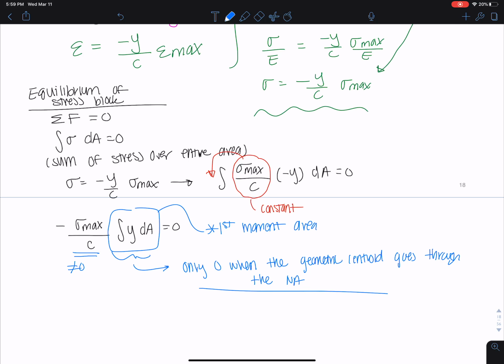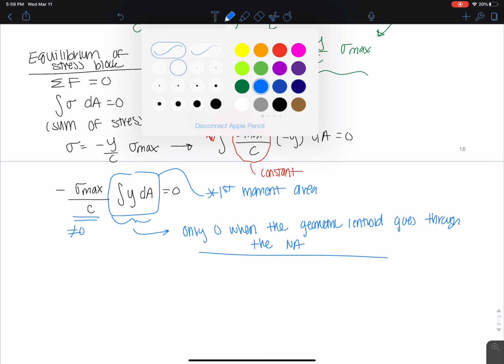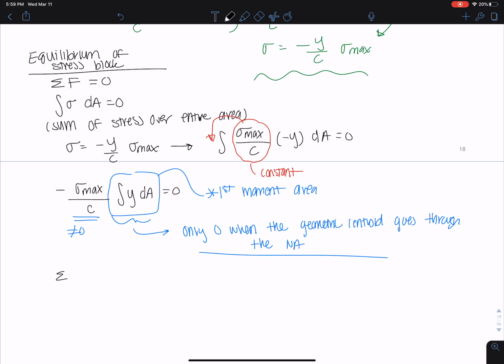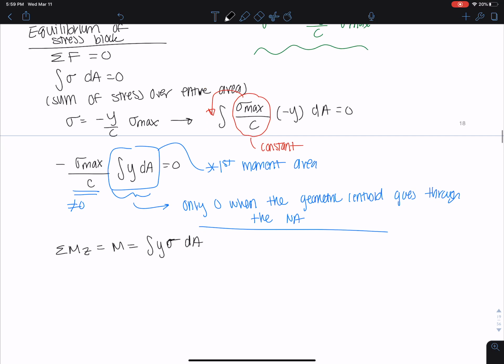Okay, so let's continue now with equilibrium, and let's take the sum of moments about the z-axis. We have that applied moment M in there. This is y sigma, that's the moment arm, y sigma dA. And we're going to plug in what we know here, negative y squared over c sigma max dA.